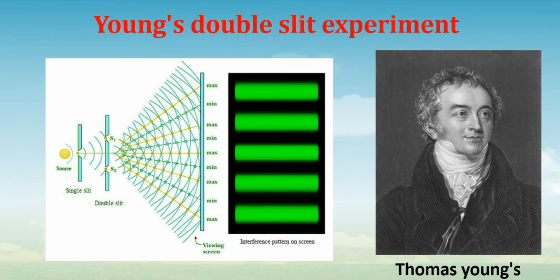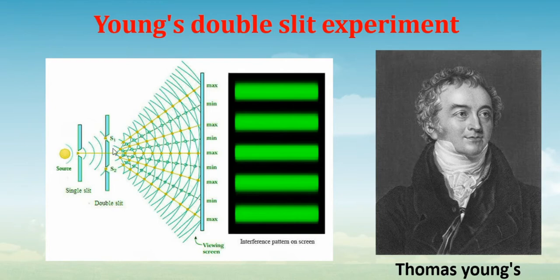The light coming out of S1 and S2 is coherent. They are produced from coherent sources of light, because a ray of light coming out of the single slit is split into two.